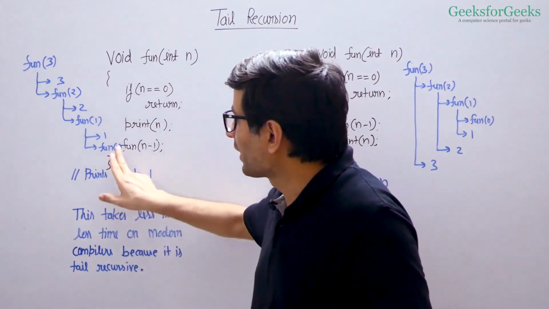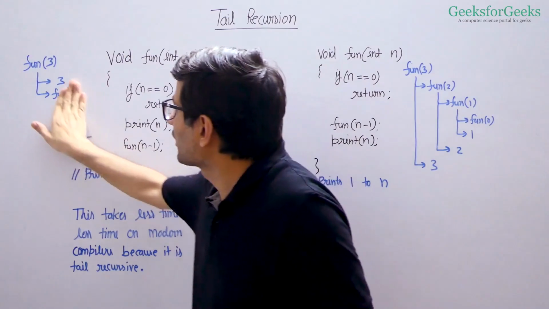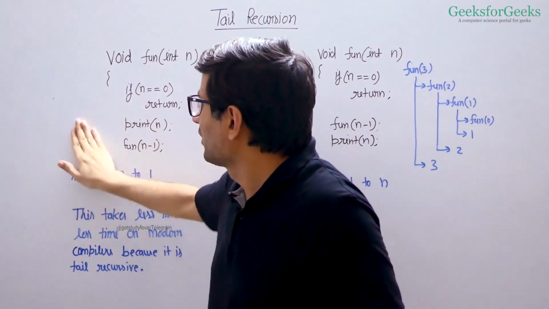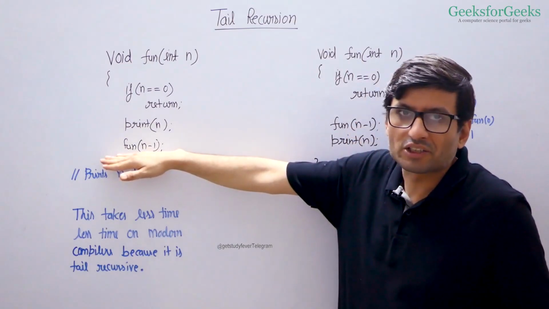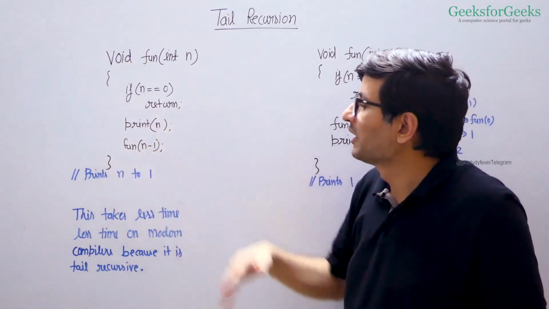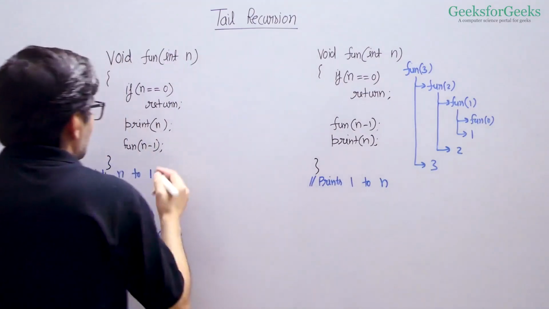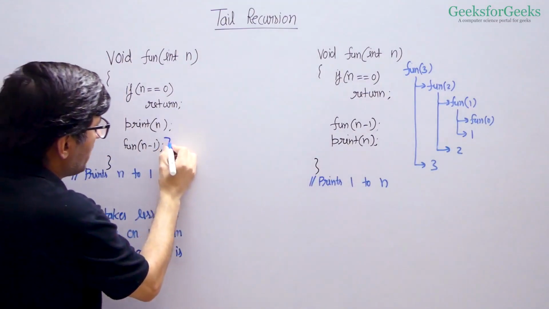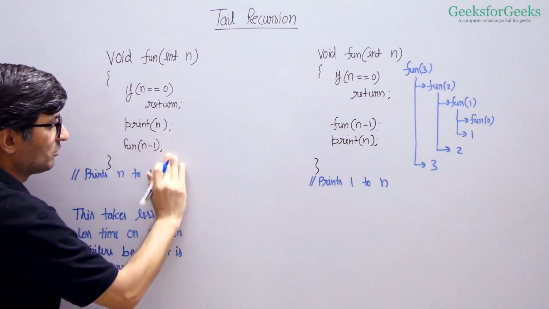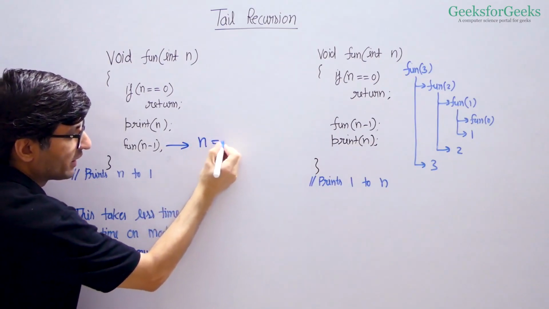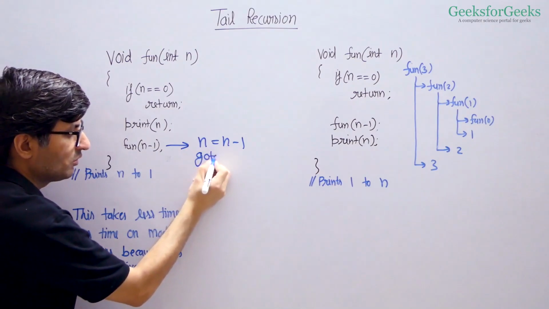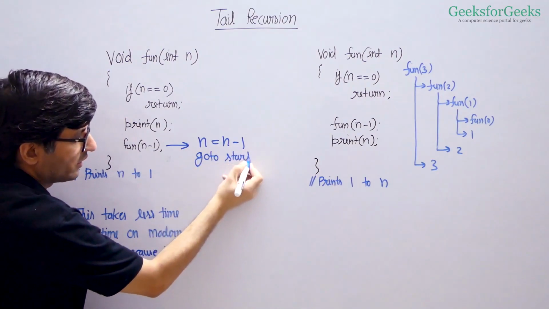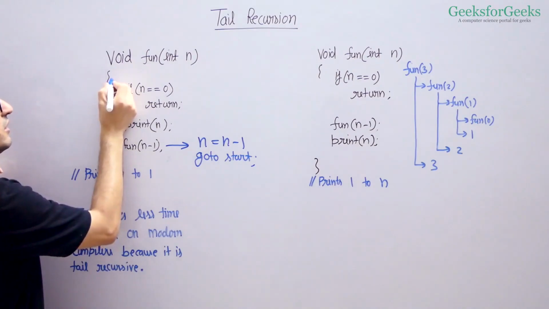So when modern compilers see such a tail recursive function, they realize that the last thing is the recursive call. So they change such functions. The changes that they make are they change this line to n equal to n minus 1, and then they add a go to start, and they add a label start.